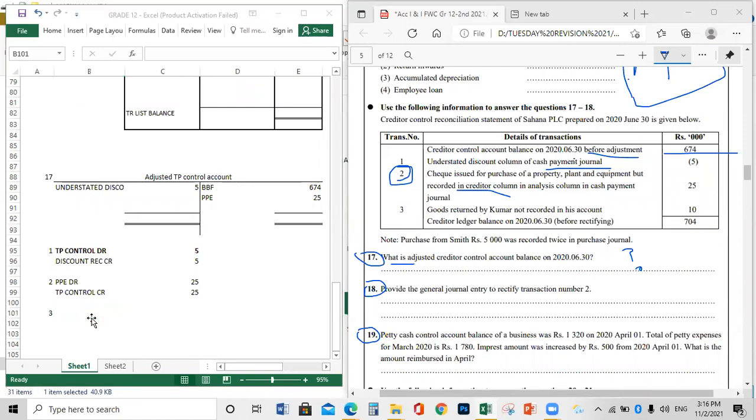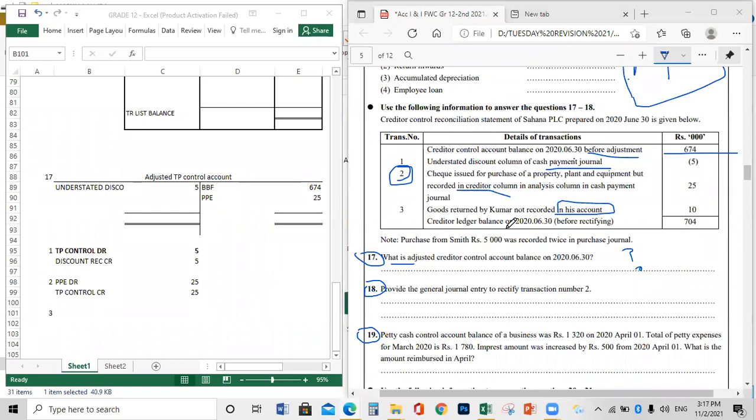Yes or no? No, why? Because they specifically say only his account is wrong. They didn't record it in his account only. So that means your creditor control has no problem, because only the individual ledger of Kumar is wrong.